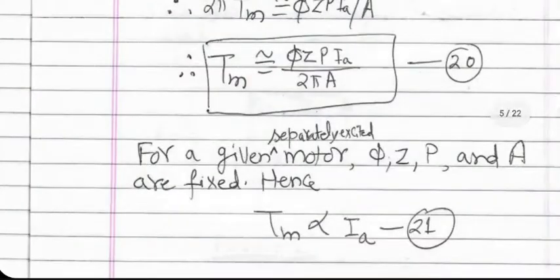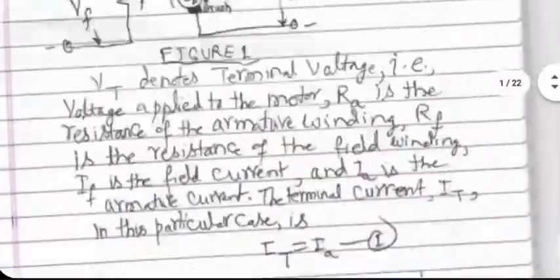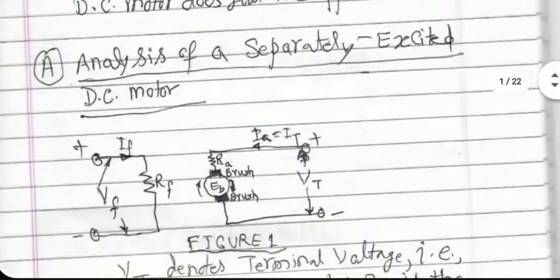By the way, in the separately excited case, generally we will keep Vf constant and Rf is constant anyway. So If will be constant, so flux produced will also be constant. Flux produced is directly proportional to field current as long as the pole material has not saturated.